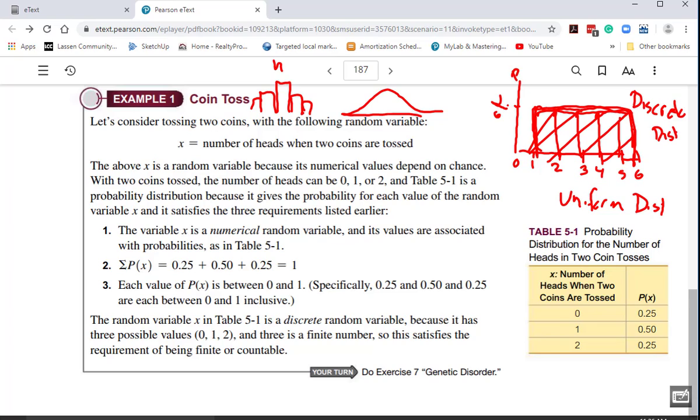Right. Okay, so the probability distribution of the number of heads in 2 coin tosses. Now, you would expect, right, that this thing would be a 50% chance of getting heads or tails, right? But you're only tossing either this, or this, so the number of heads when 2 coins are tossed: no heads, 1 head, 2 heads.